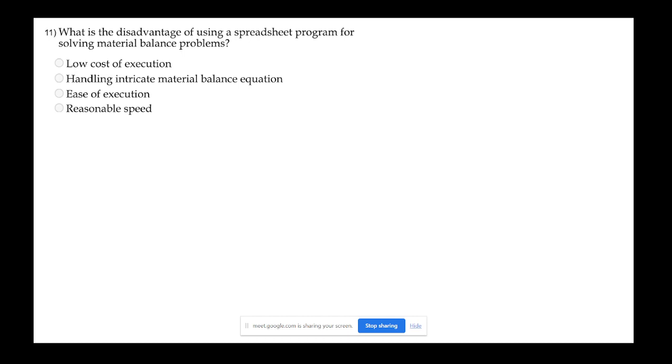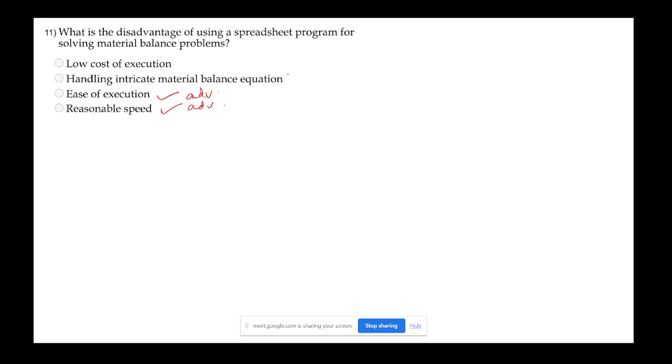Next is, what is the disadvantage of using a spreadsheet program for solving material balance problems? Here, a spreadsheet is very easy to use, so ease of execution is obviously an advantage. Then it has reasonable speed, so obviously this is also advantageous.